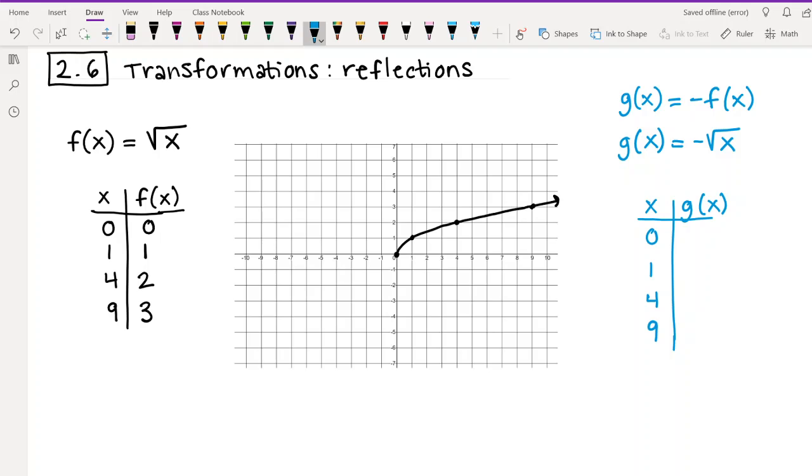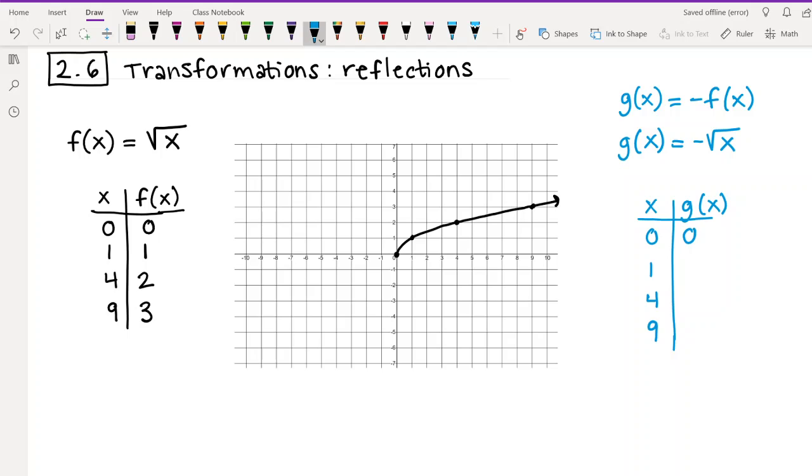So let's go ahead and fill out this table. To explain how these numbers get plugged in, you're first taking the square root of these numbers, and then you're making the result negative, right? So 0 is an exception to that because the negative of 0 is still 0, so that just stays 0.